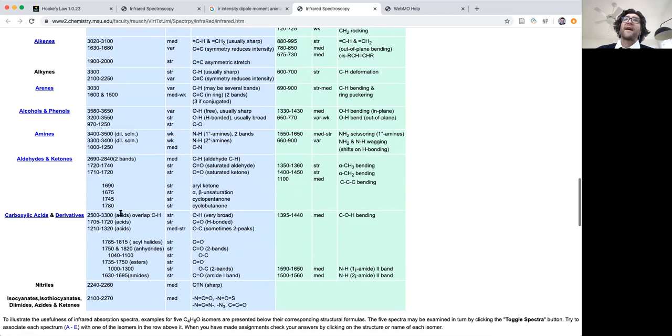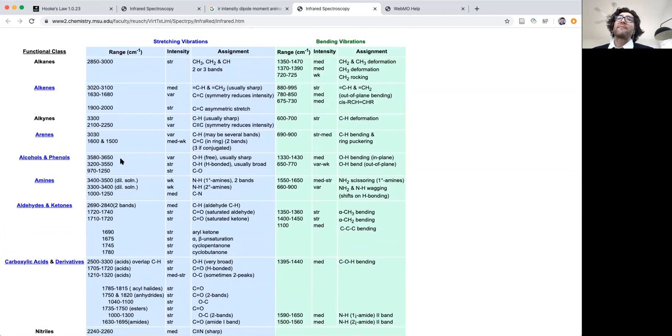So you can find many tables of this information, and there's a table as well in your book that you'd do good to look at. In fact, I believe it's table 14.2 in your book. Let's have a look at it now. There we are.